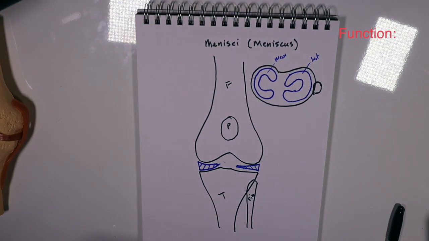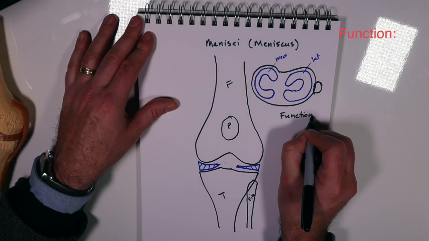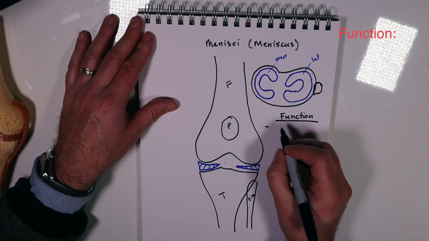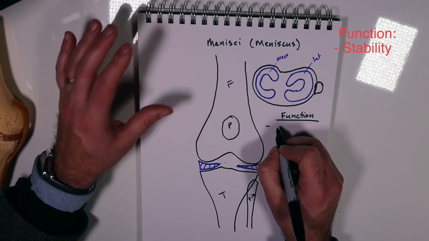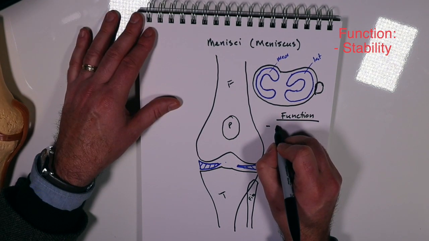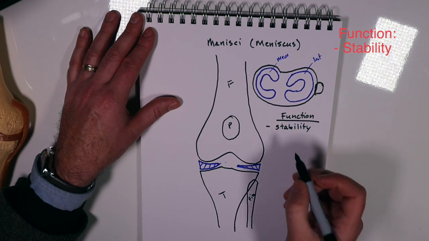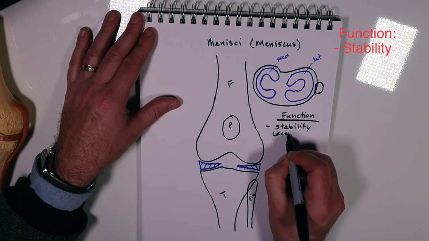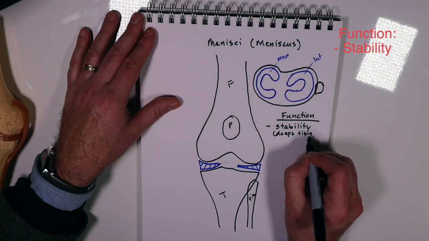What is the function of the menisci? So it has several functions. The primary function is it deepens the articular surface of the tibia, creating more stability in the knee in its articulation with the femur. So function is knee stability. Again, because it deepens tibia articulation.